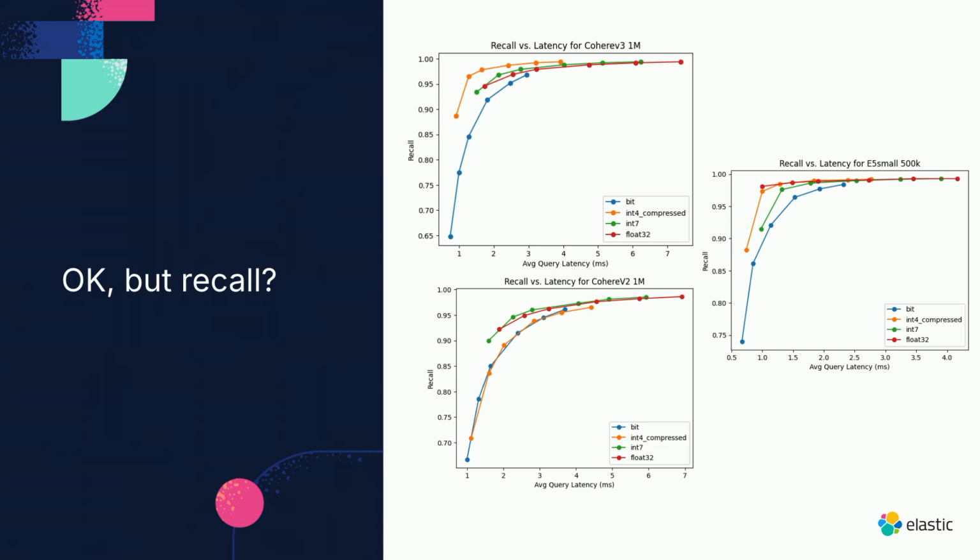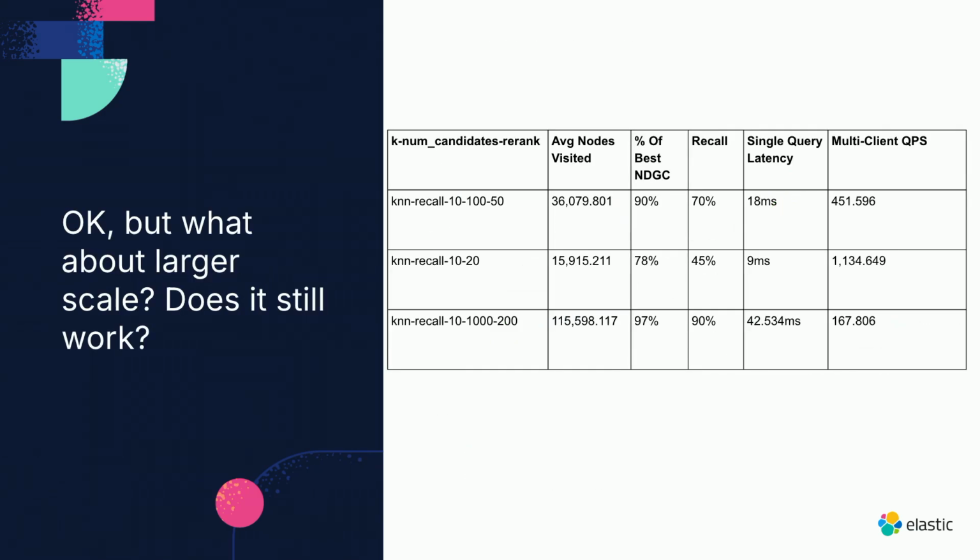Okay. What about recall? Well, it's bit quantization. There's going to be some loss of recall. However, it's not that bad, and when you add oversampling and rescore, it's actually even better. Here are some numbers from Rally, which is our benchmarking software. First of all, we've got the K, the num candidates, and then the rescore.